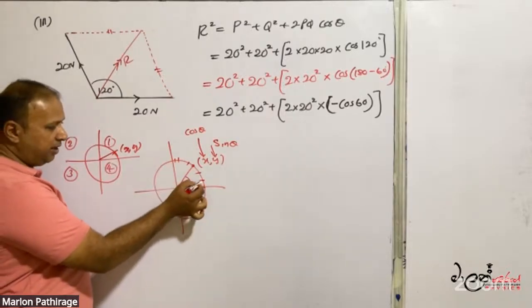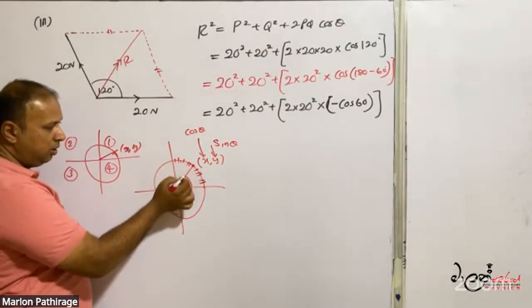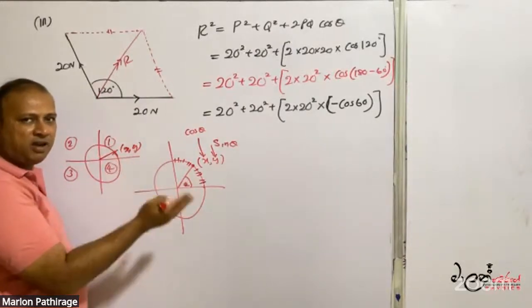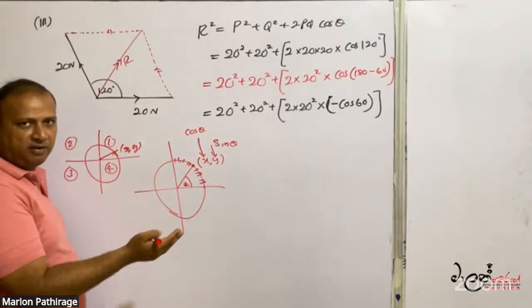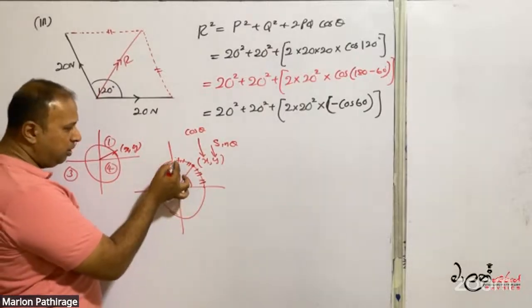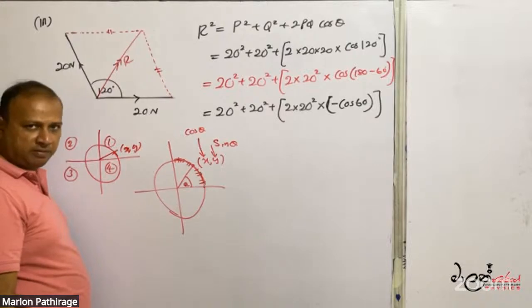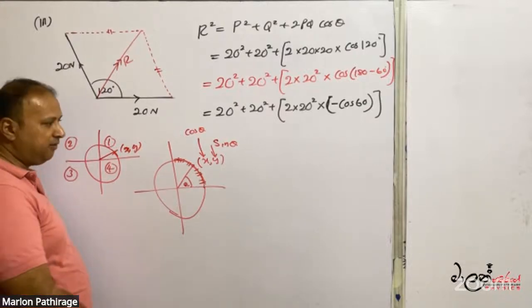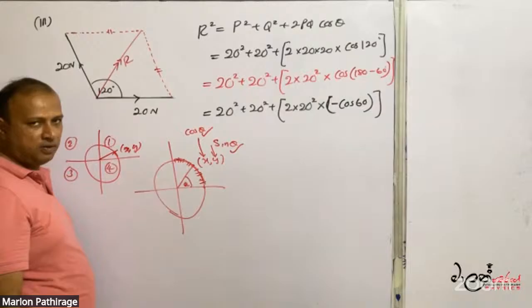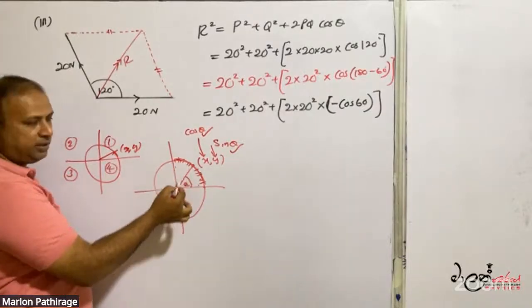In the first quadrant, all the x and y values are positive. Therefore, sine values are positive, cos values are positive from 0 to 90.